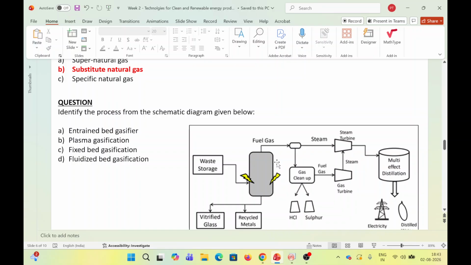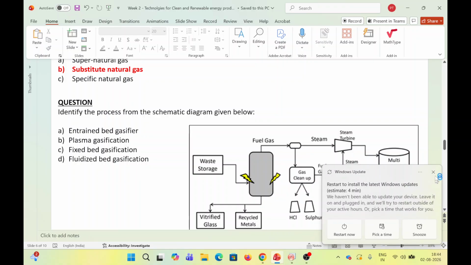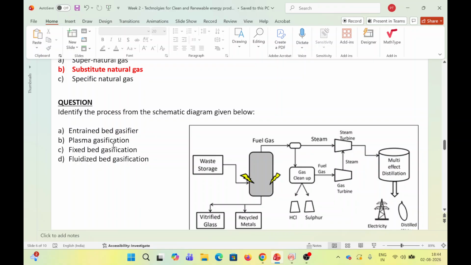It's an electric arc, if you see what is getting generated. So it is plasma gasification.